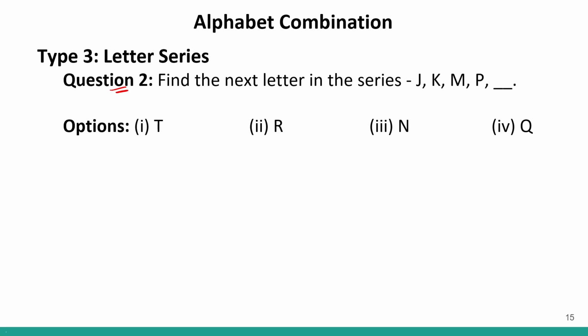Another question on letter series. So again the same thing, we will give them forward ranks. So if you do not remember forward ranks, let me write them again for you.